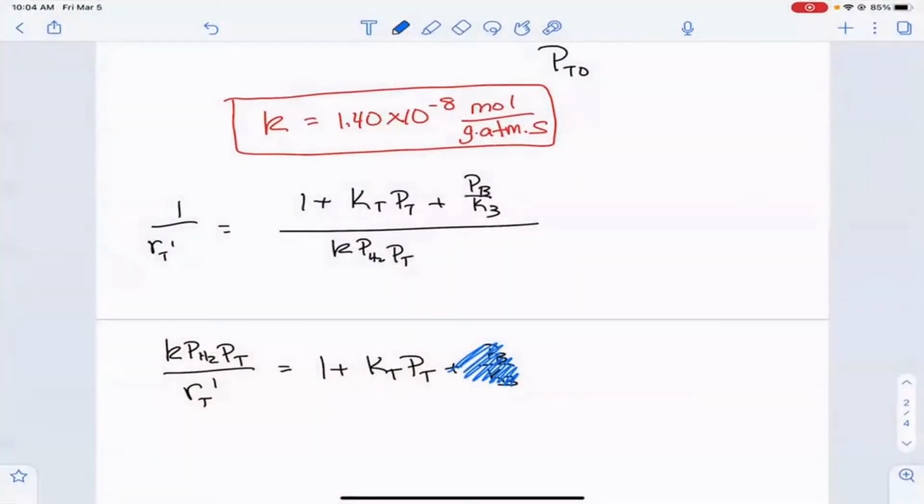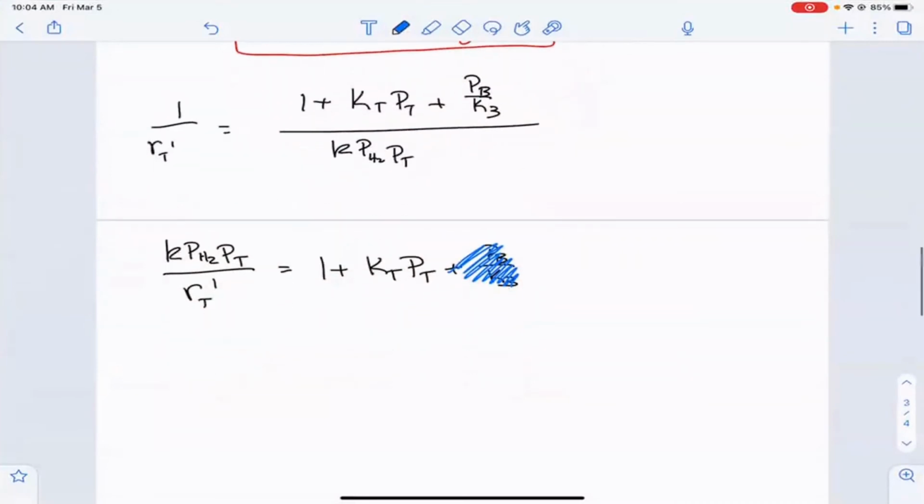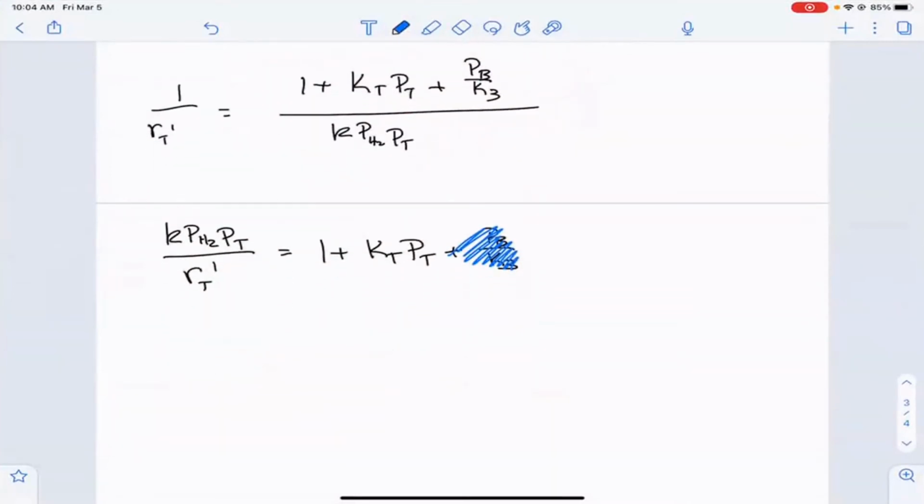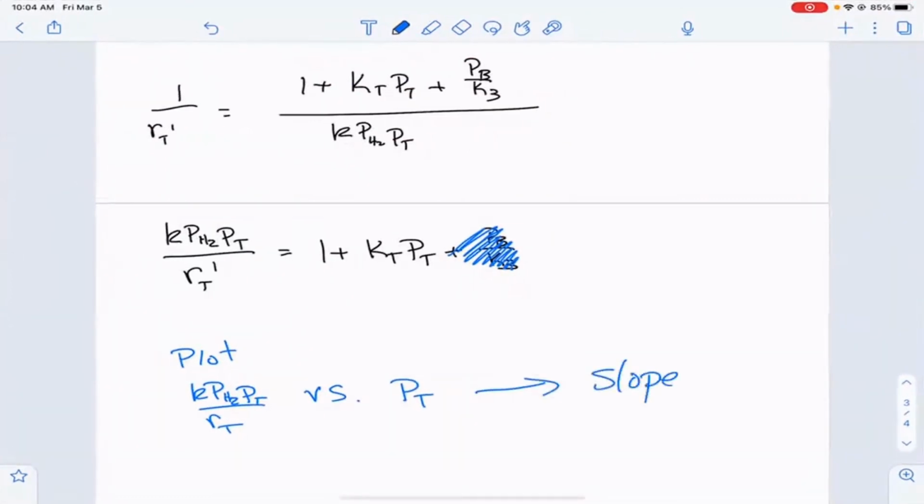We should be able to use that data to determine KT. Here's how we're going to do that. We're just going to plot K times P hydrogen times P toluene over the rate versus the pressure of toluene. If we do that, the slope of that curve should be equal to KT.